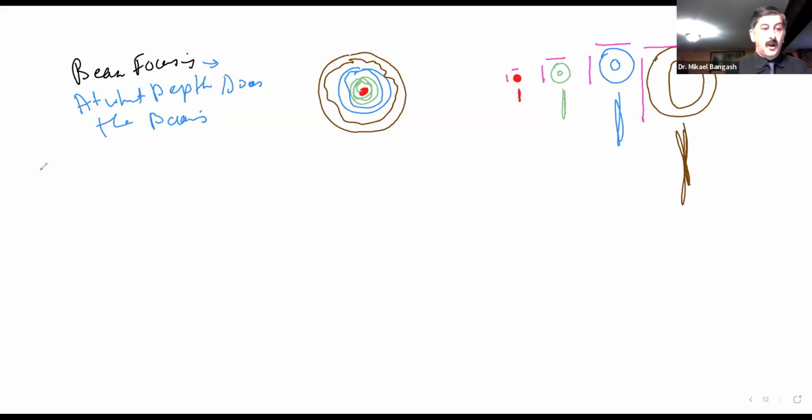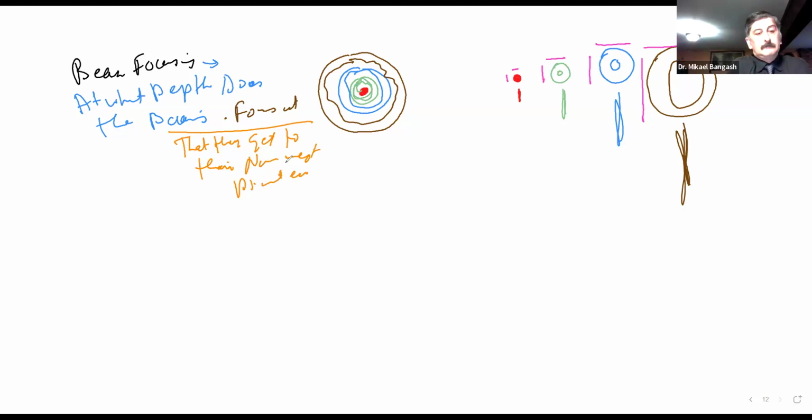But at what depth do the beams of each of these PCTs focus? Or what do we mean by beam focus? Mainly it means that they get to their narrowest diameter, right?